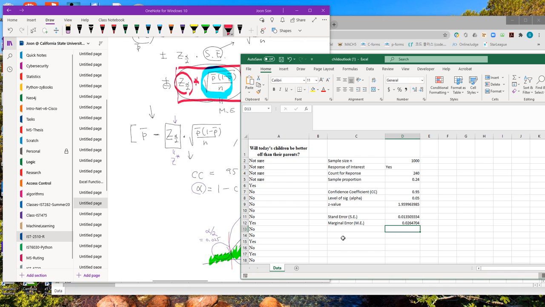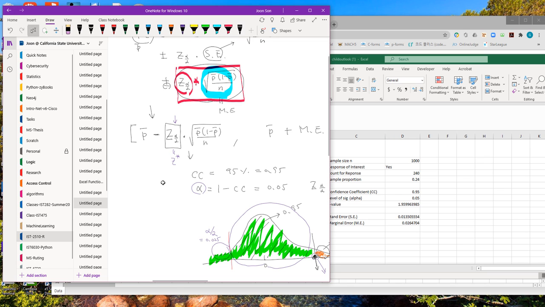Now you can easily find the confidence interval, right? Because now you have the marginal error, right? So the lower limit is P bar minus the marginal error, okay?